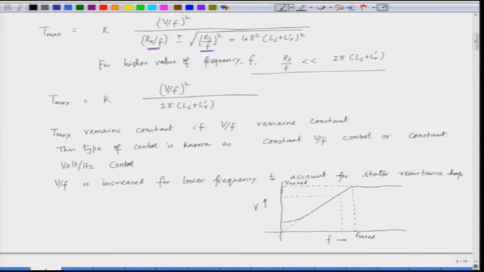So, this is the function graphically plotted here, and as we go on varying the frequency we have to increase the voltage initially, and after the rated frequency voltage is maintained constant. Now, this we have to implement when we realize a constant V by f controlled induction motor drive.